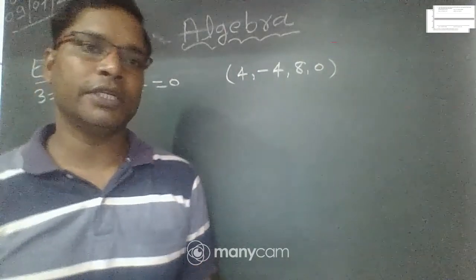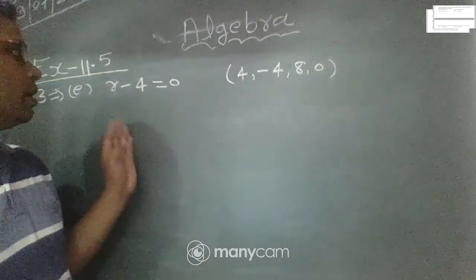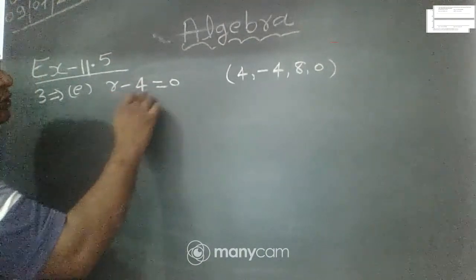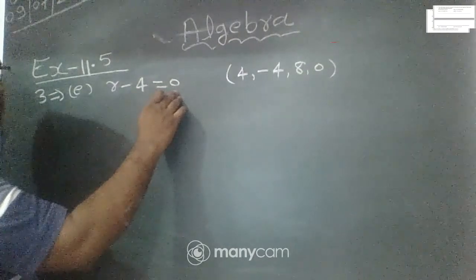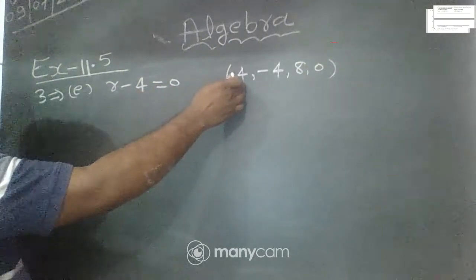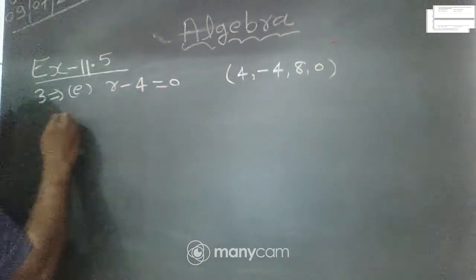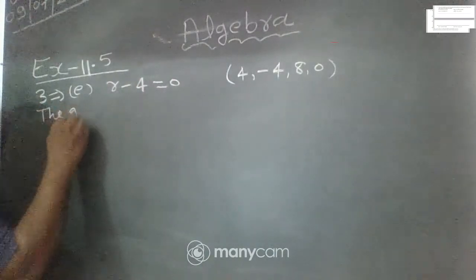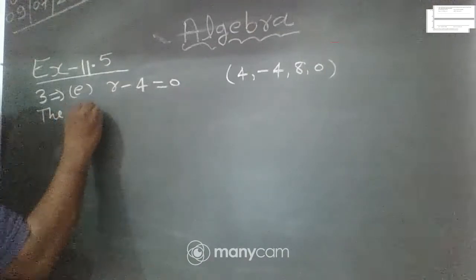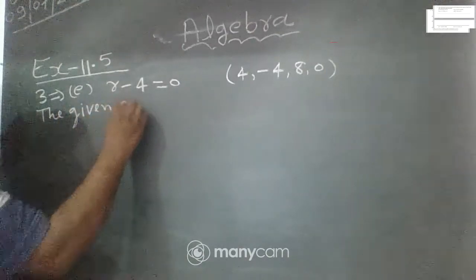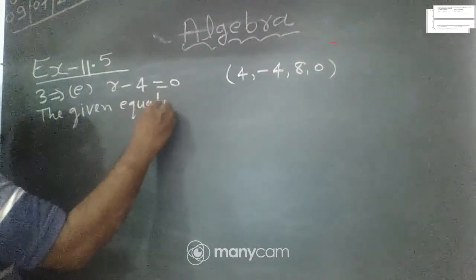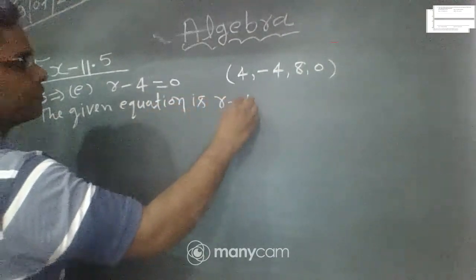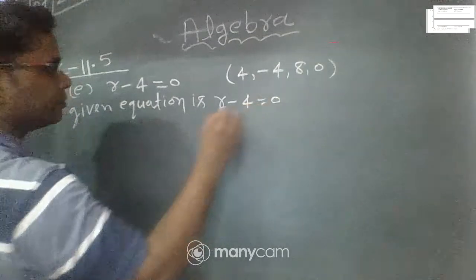So students, this is the E part here, and the given equation is r minus 4 is equal to 0.